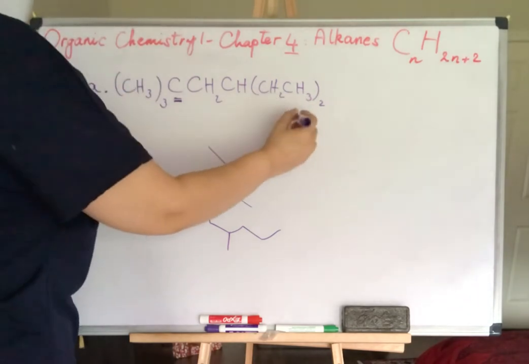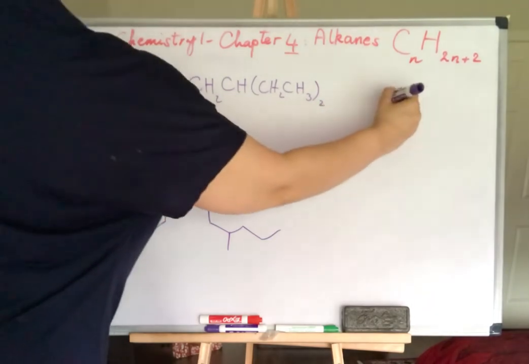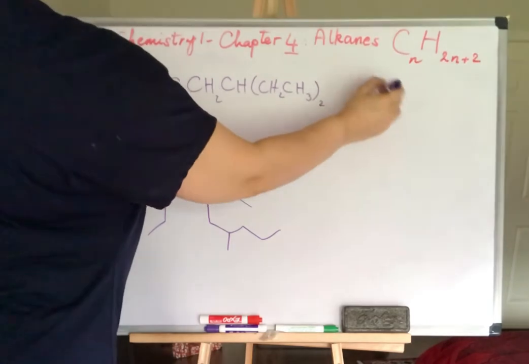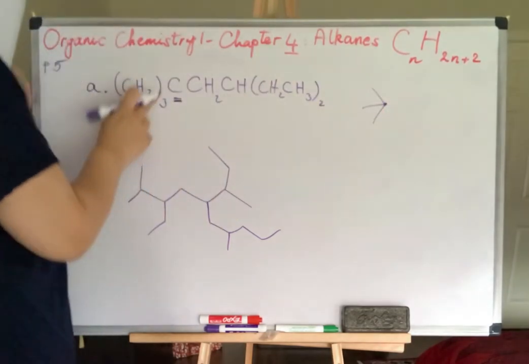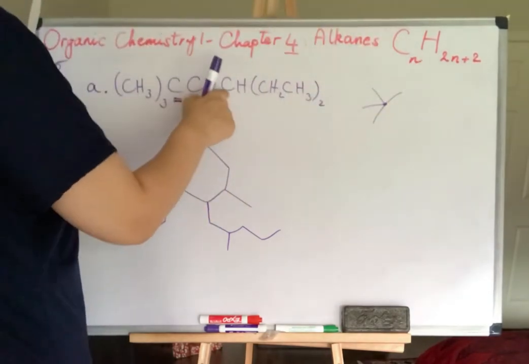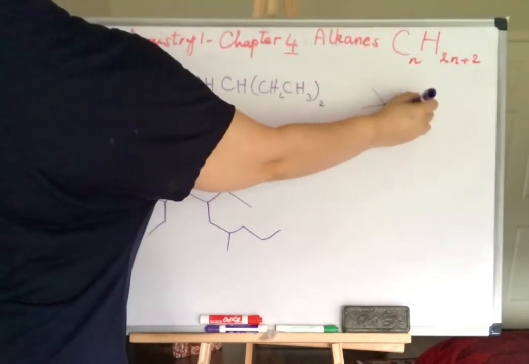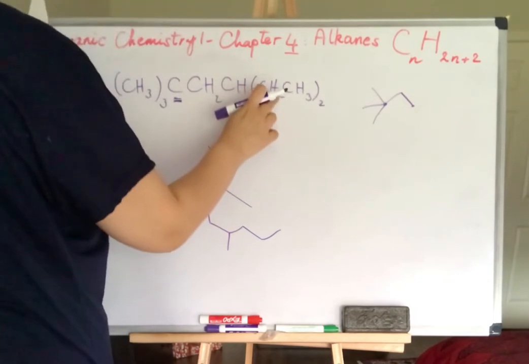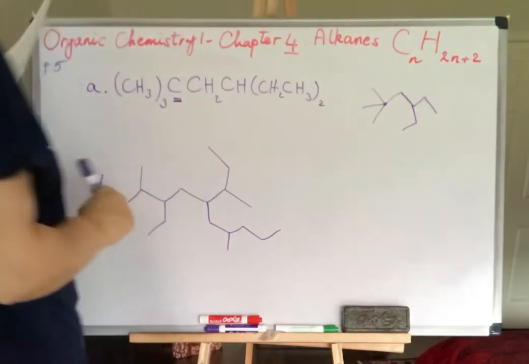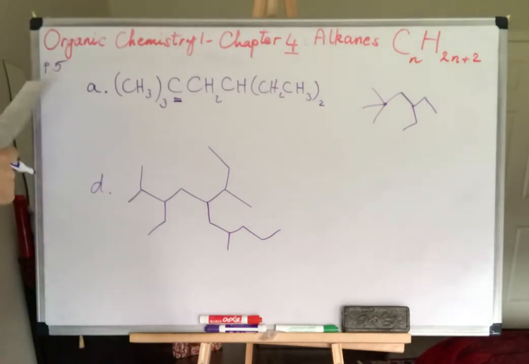So let's change it to C, and then you see 3 CH3 out of it, correct? Then CH2, and then a CH, which is connected to 2 CH2 CH3, correct?